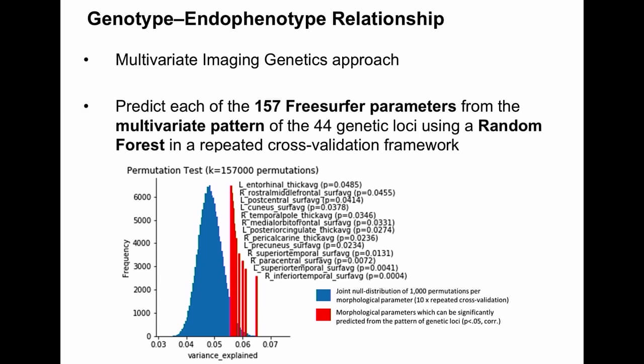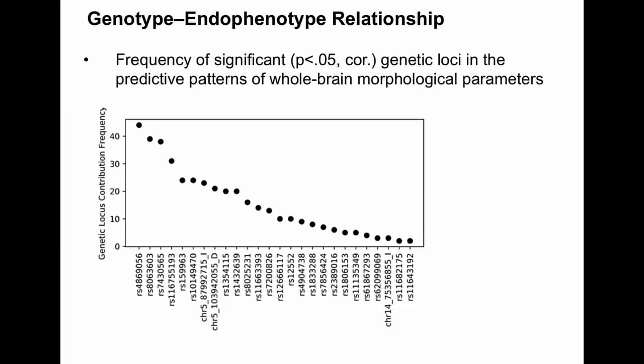The next thing that we looked at was, what if you check how many times a certain genetic variant is relevant in the predictive pattern of one of the 157 FreeSurfer parameters. With 44 genes and 157 parameters, you would expect something between three and four occurrences.